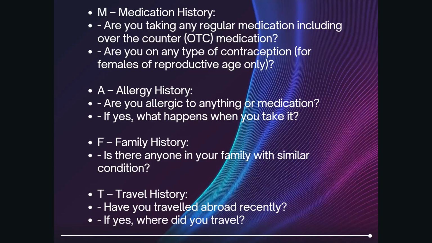So it's very important to ask what happens when you take the medications you're allergic to. Then, family history. Is there anyone in your family with similar conditions? Some conditions can be hereditary, some conditions can be related to each other, and some can run in families. So very important to ask about the family history. Travel history: have you traveled anywhere recently, like abroad? And if yes, where did you travel?